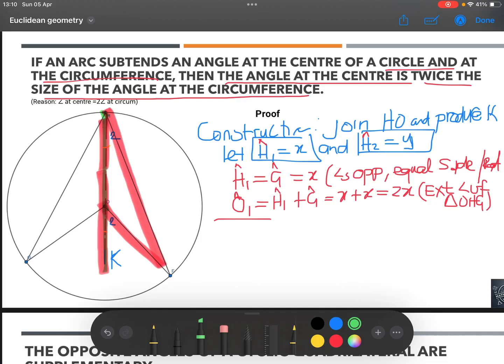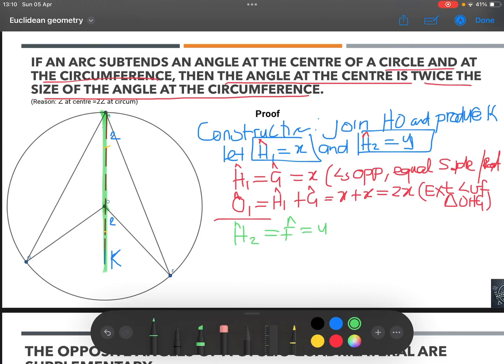However, we have H2. So we're going to say angle H2 is equal to angle F, and it is equal to y. What is the reason? The reason will be angles opposite equal sides.